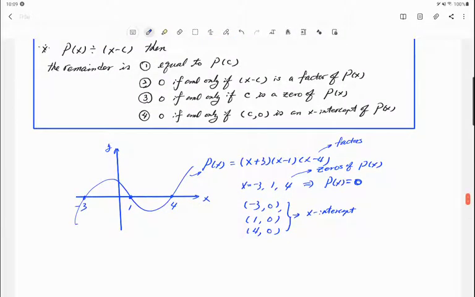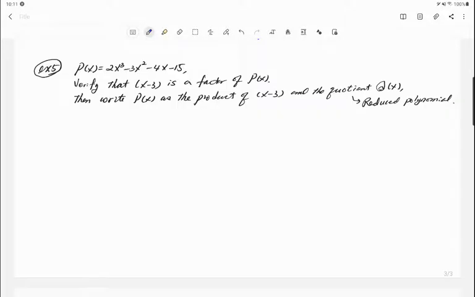Okay, let's try. Now, let's find a reduced polynomial. When we divide a polynomial by something, let's write the polynomial in factor form. Next example. Let's verify that x minus 3 is a factor of p of x.